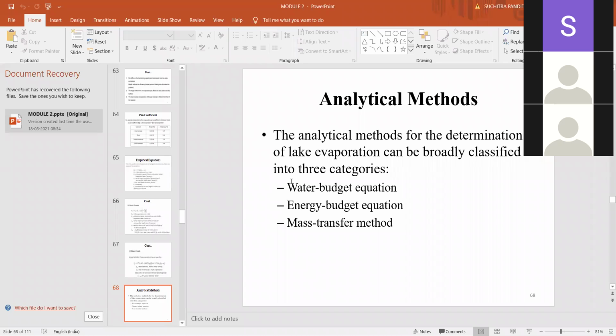These three analytical methods are very sophisticated because too many variables are involved in estimating the lake evaporation. In your syllabus, this is not included: the water budget equation, energy budget equation and mass transfer equation.